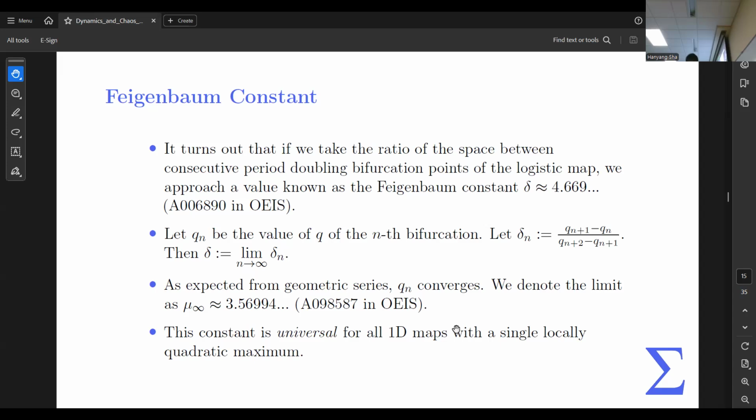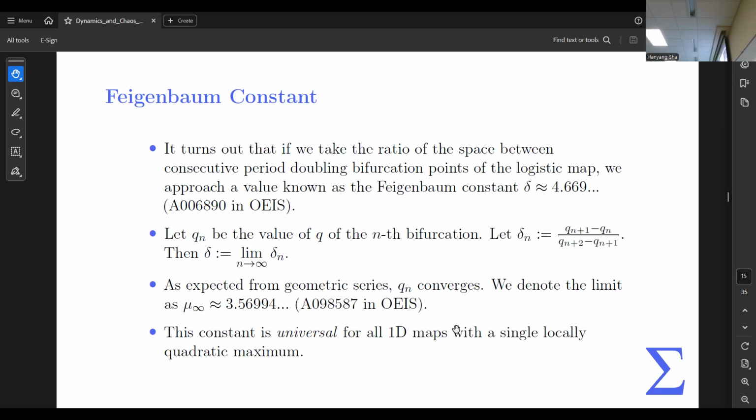It might help to show a graph of what this looks like. Yeah, let's look at that. It's just qualitative. It doesn't really matter what the actual parameters are. You initially have just one fixed point, and then it branches off into two periodic points at period 2, and then it branches off to period 4, and then period 8 here, and then it quickly becomes very dense.